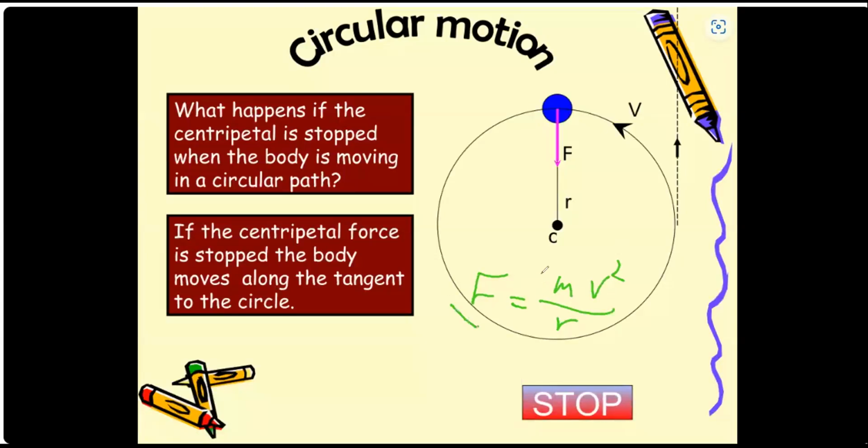So force is proportional to m and v squared, but it's inversely proportional to r. And that's what they're showing. If F is proportional to the mass, if you have a certain mass and you double it, this got to double, right?